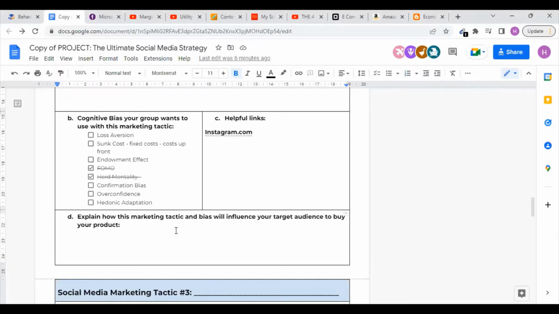Can anyone explain how Instagram will influence your target audience to buy your product?